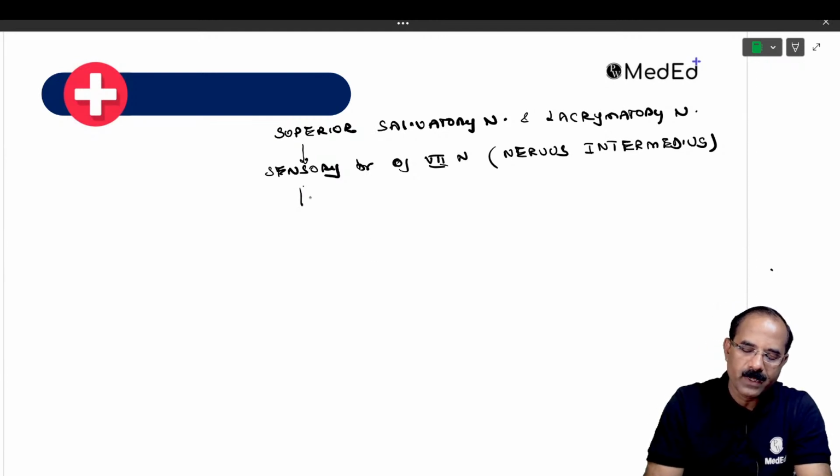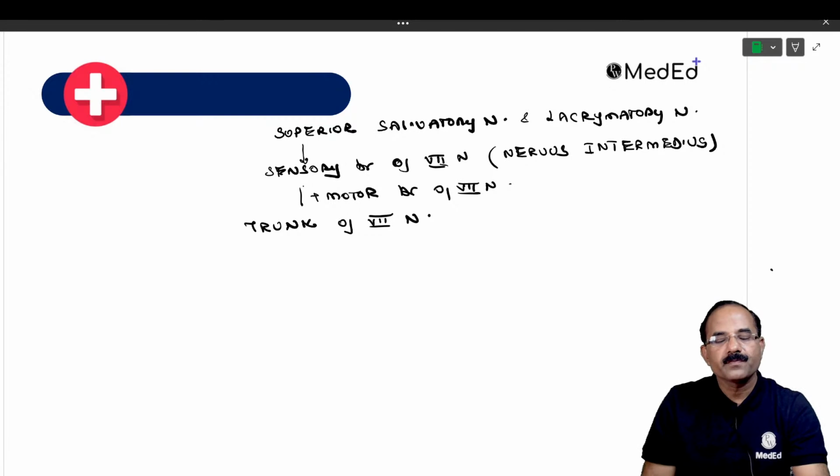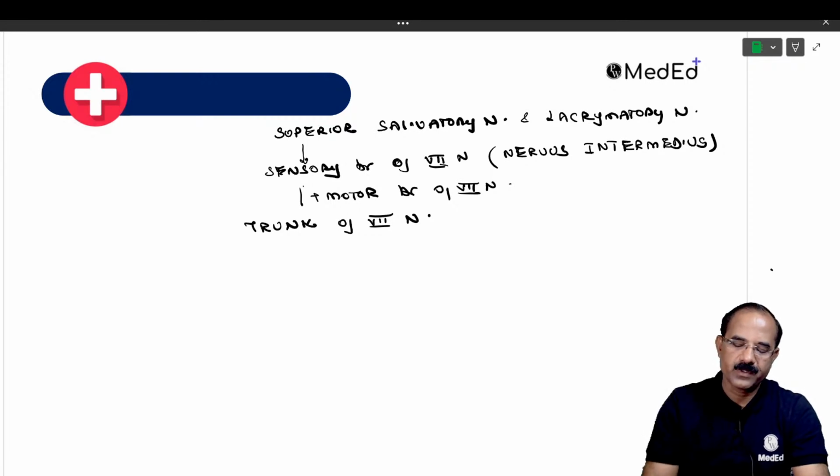Now this sensory branch will join with the motor branch of the facial nerve, the trunk of the facial nerve.